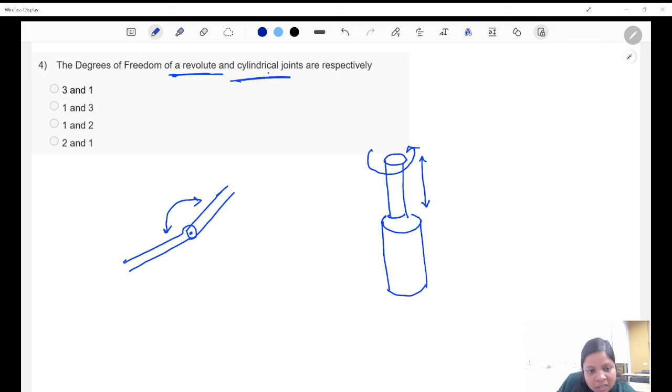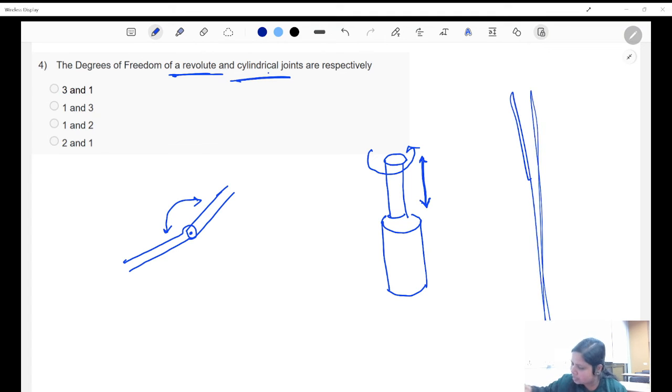Then option B, second option, 1 and 3. 1 and 3. Why 3? Cylindrical joint is only able to move in this direction, which means it is able to move along this axis and it is able to move along this axis.